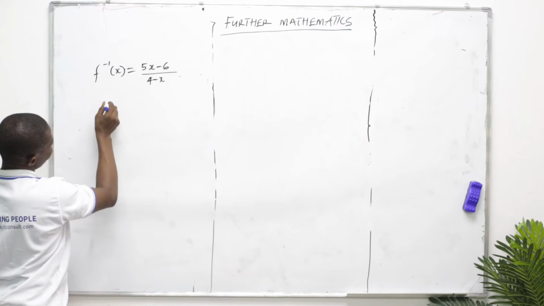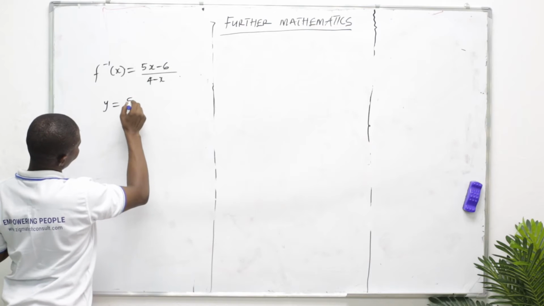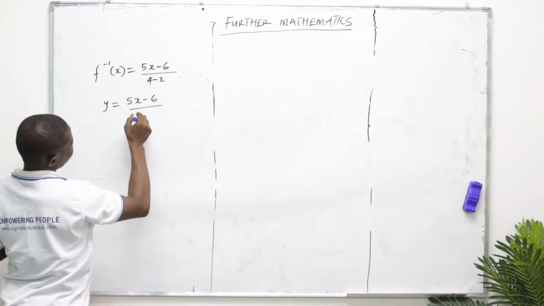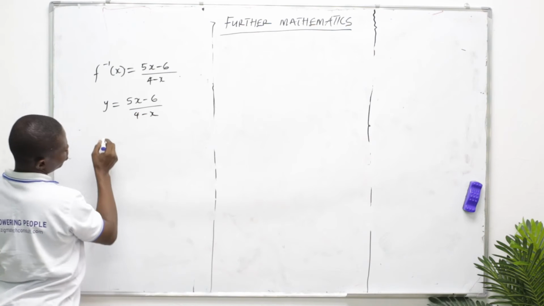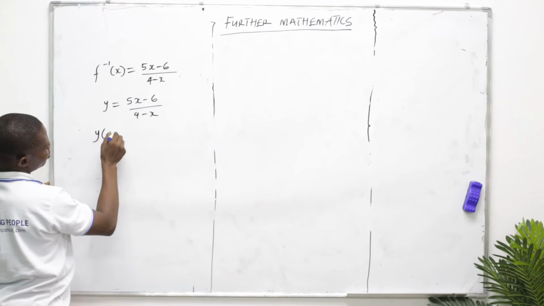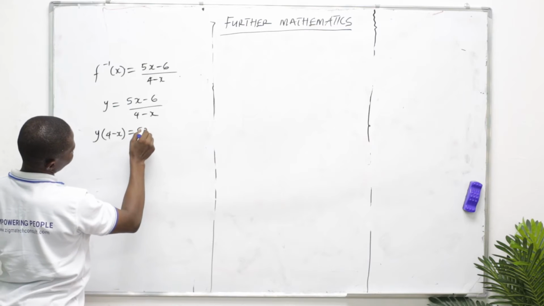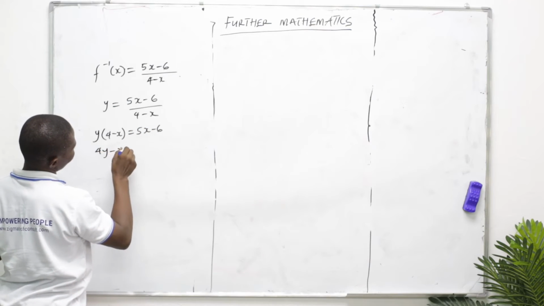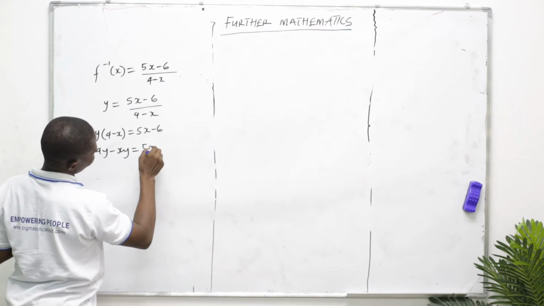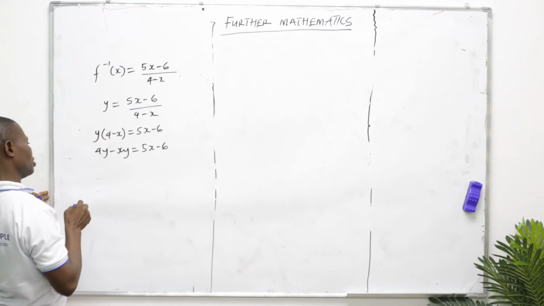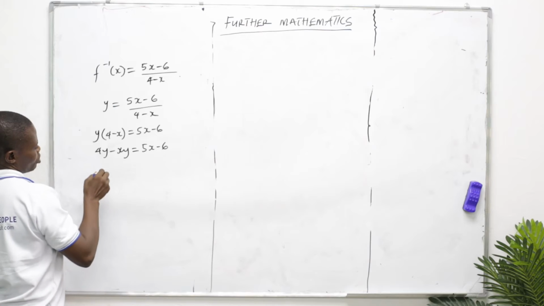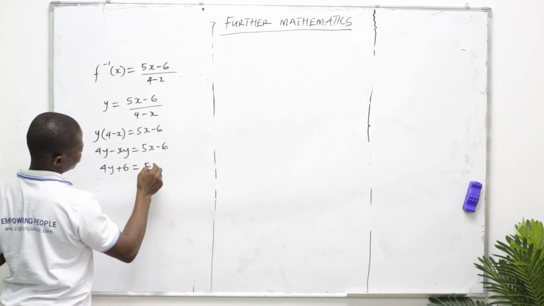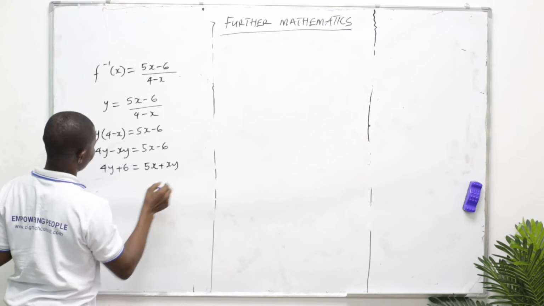Recall that y equals this function f of x. If this is this, then so what do you do? Cross multiply so that 4y minus xy equals 5x minus 6. Okay? Our target is to make x the subject of the formula, meaning 4y plus 6 equals 5x plus xy. Okay?